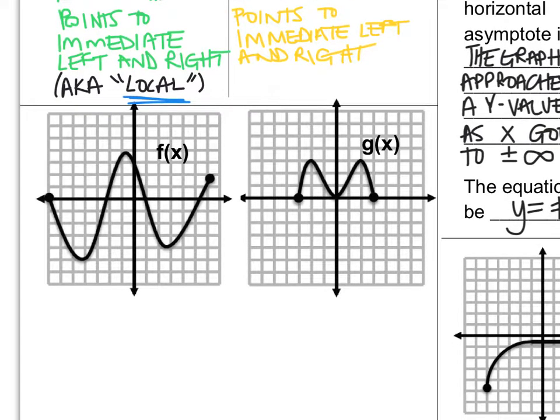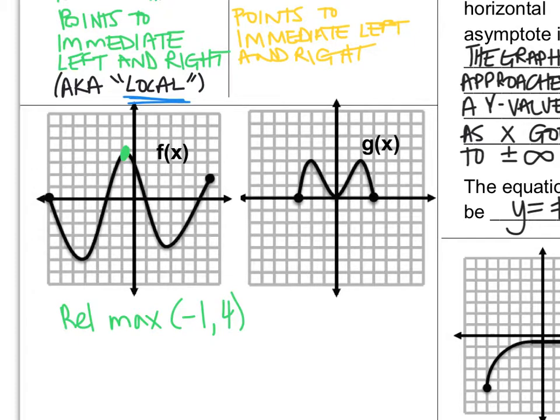So if I look at my first graph here, I have one relative maximum in this graph. I abbreviate that rel max at (-1, 4). Maximums and minimums are points.